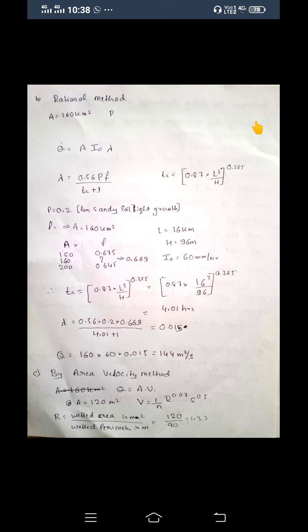Now we'll substitute this value of F in the lambda formula. So lambda is equal to 0.56, where P is equal to 0.2 and F we have interpolated and calculated as 0.669, divided by Tc plus 1.